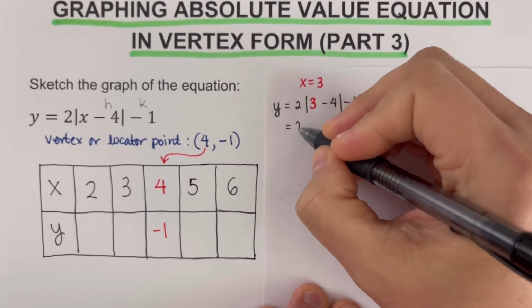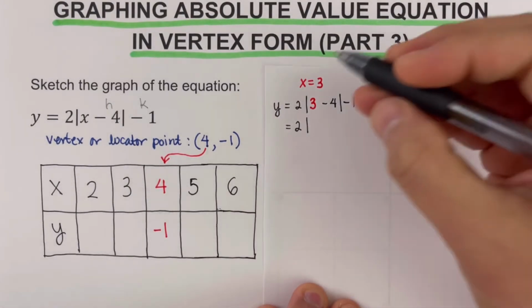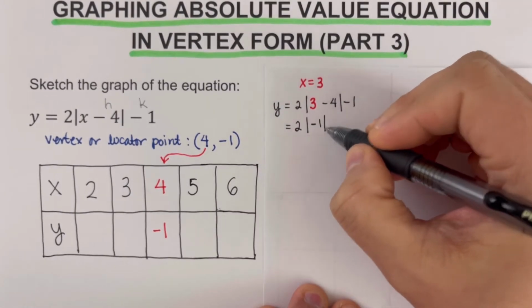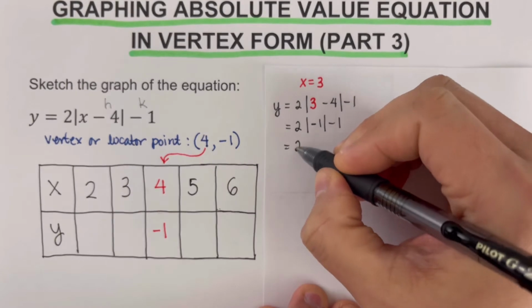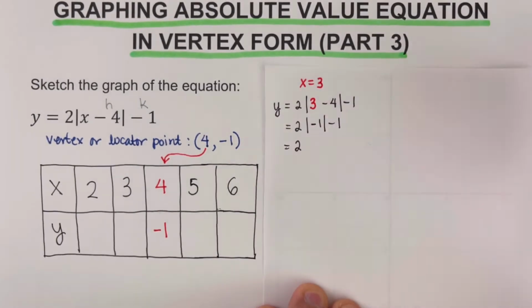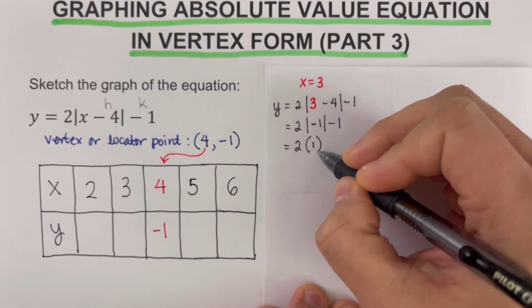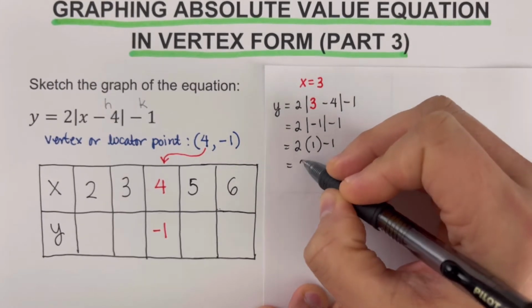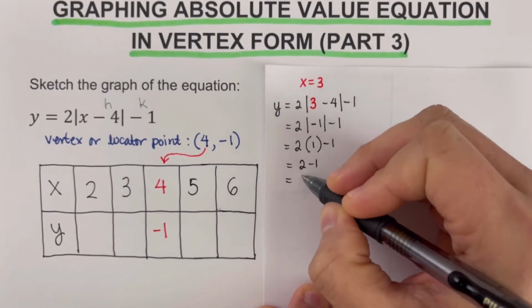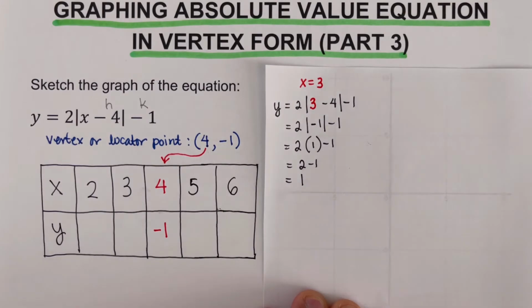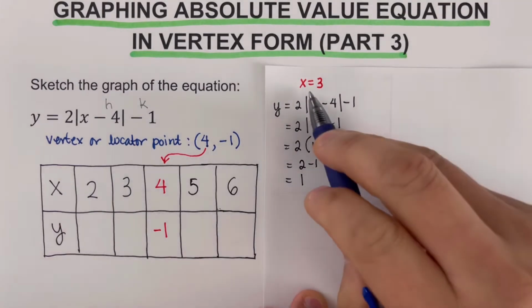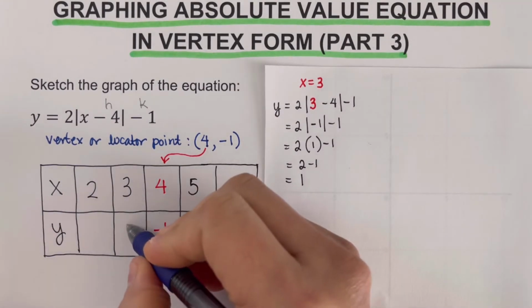So this would be 2 times the absolute value of 3 minus 4, which is negative 1, minus 1. The absolute value of negative 1 is a positive 1, and then minus 1. So 2 minus 1 is 1. So this is our value for x is 3, and I'm going to write 1 right here.